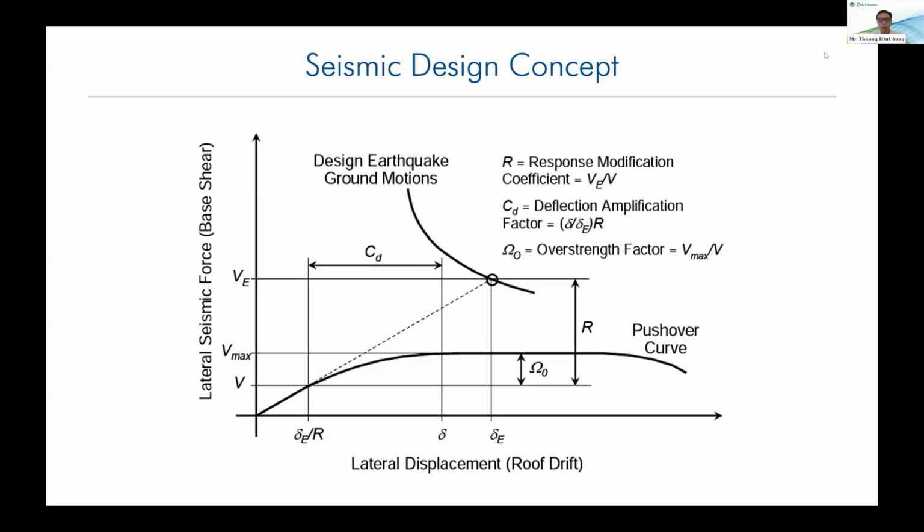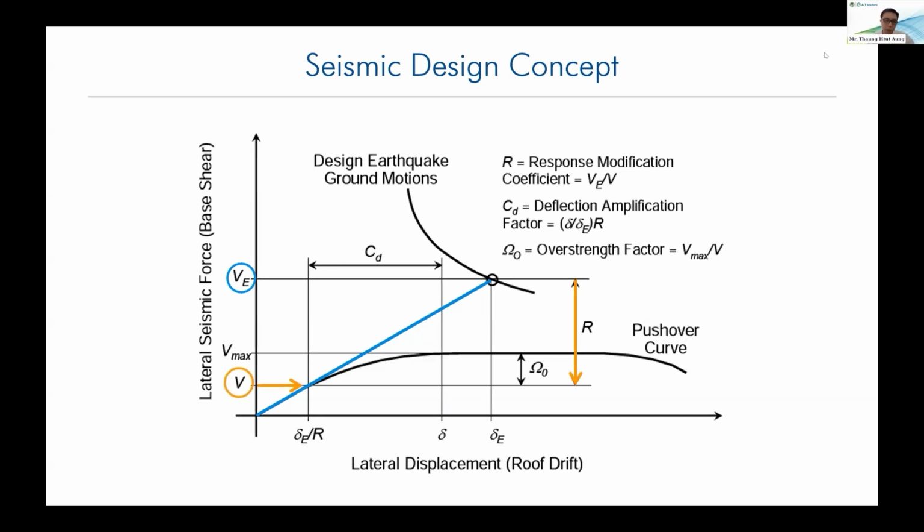In this graph, the x-axis is the lateral displacement or roof drift of the building. The y-axis is the lateral seismic force, or base shear. If we design the building to remain elastic, as the base shear increases, the displacement will increase linearly, as shown in the blue line.